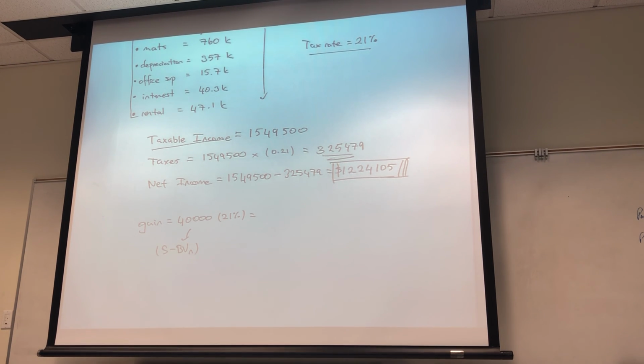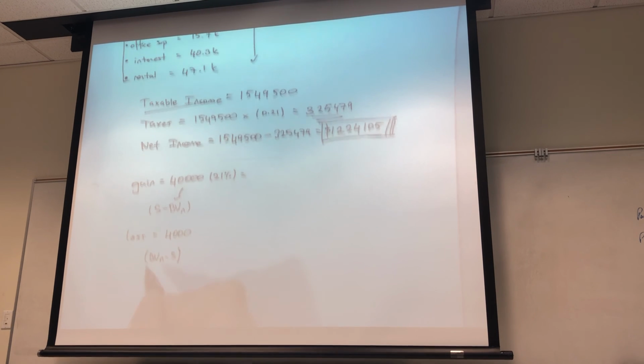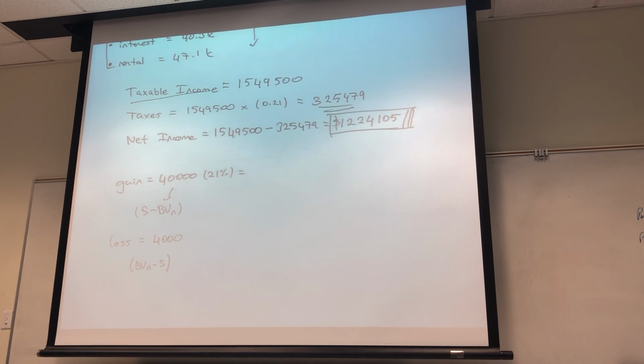No. Because we made a loss, the government says, hey, you lost money on this, I'm going to give you 21% of it back on your tax return or something. So this is a plus, this is a minus. And that should do parts B and C for question 9.38.